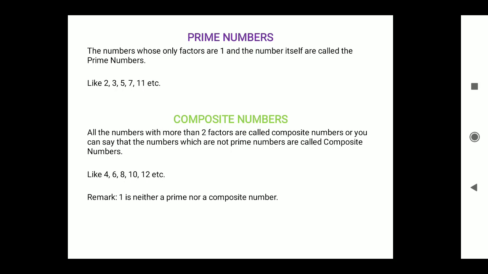The numbers whose only factors are 1 and the number itself are called prime numbers, like 2, 3, 5, 7, 11.